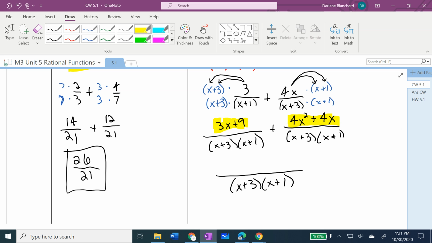I'm looking at adding those like terms. So with like terms, this has an x, this does not have an x. Those cannot be added together. This has an x squared. It cannot be added with the 3x or the 9. This has a 4x, just like the 3x had an x. The 3x and the 4x can add together.